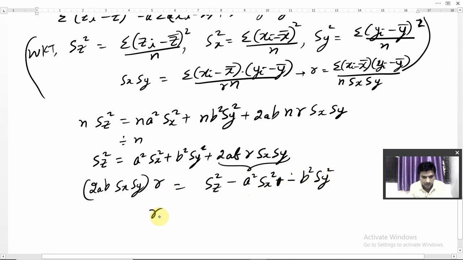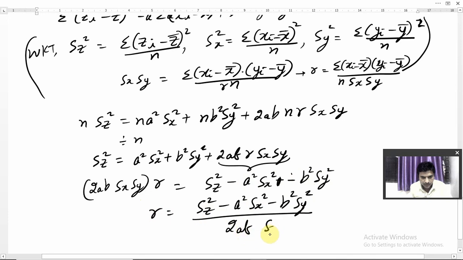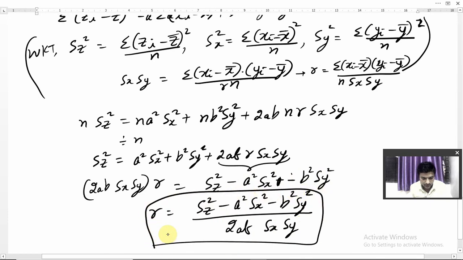So r is equal to (sz square minus a square sx square minus b square sy square) divided by 2ab sx sy. So this is what we wanted to prove.